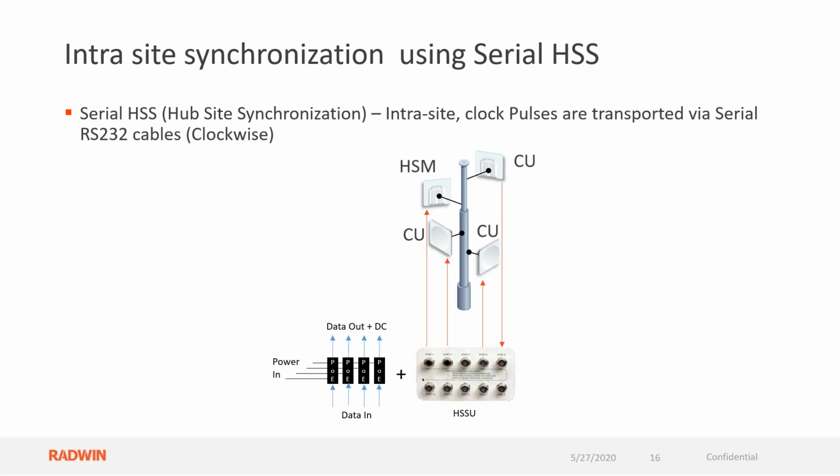The length of the cable is limited to 150 meters for each direction, because this is the RS-232 protocol. And it is very complicated and requires too many cables going up and down the tower.